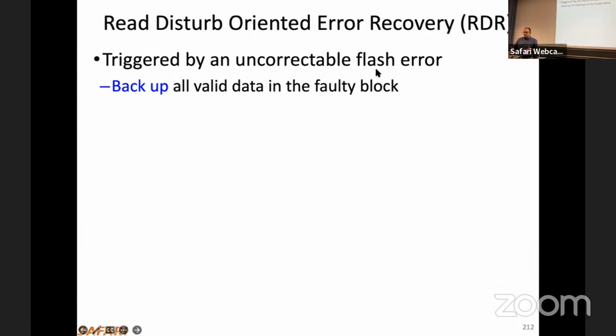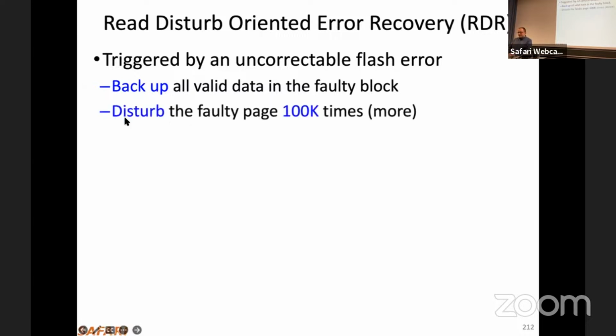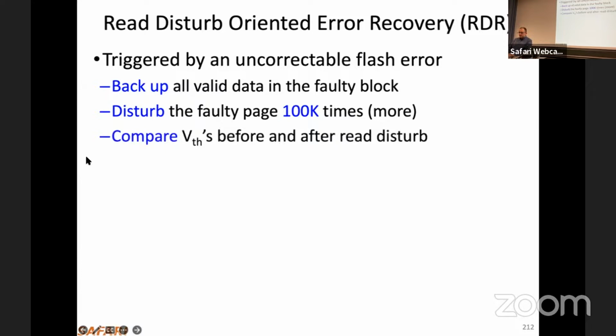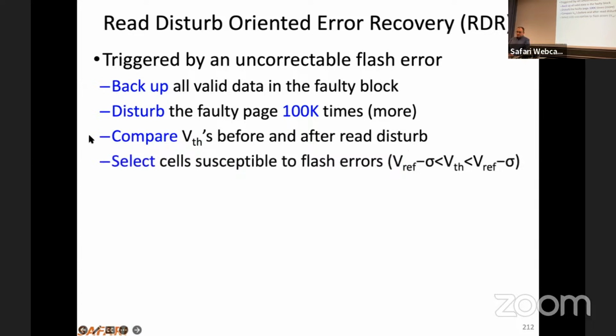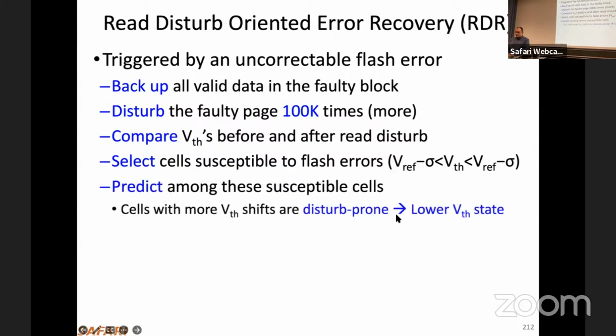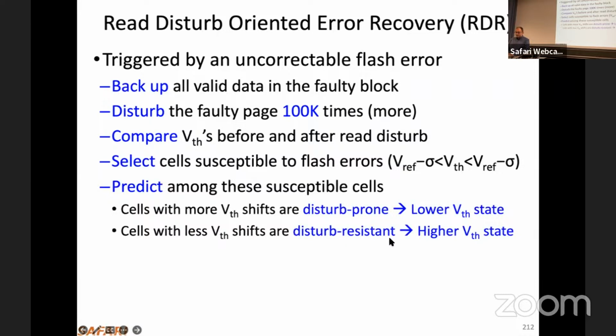Once you have an error from flash that you cannot correct, you back up all valid data in the faulty block, not everything in the block, and then disturb the faulty page 100K times or more. And then you compare the threshold voltage before and after read disturb. Essentially, with this mechanism, we want to see which cells are susceptible to flash errors, which are disturb prone and which are disturb resistant.